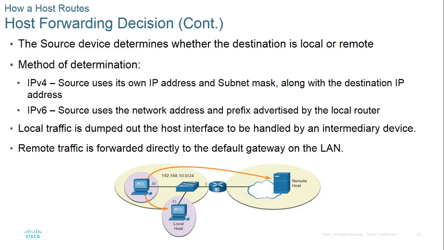So any traffic that is local is going to be transmitted locally from PC1 to PC2, if PC1 sends data to PC2 using the IP host address of PC1 as the source and the IP address of PC2 as the destination address. If PC1 needs to communicate with a remote host outside the network, then the packet is going to be forwarded over the default gateway, which is the router in this case.